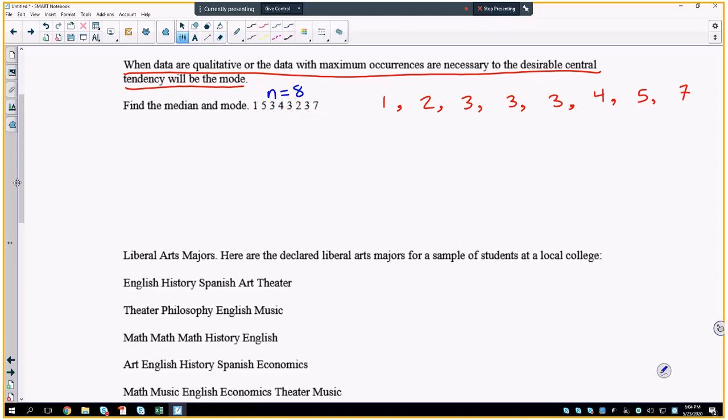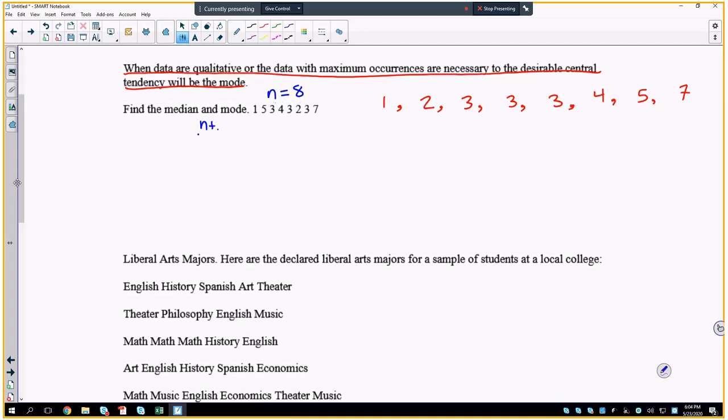On our previous slide, we were told when finding the median, we want to first find this number n and see if it's odd or even. If it's odd, then the median will be the (n+1)/2th data. So let's find out. (n+1)/2 in this case is (8+1)/2. So 9 over 2, and again in the last slide we knew that since it was even, we wouldn't get a whole number when we did this, and that's okay.